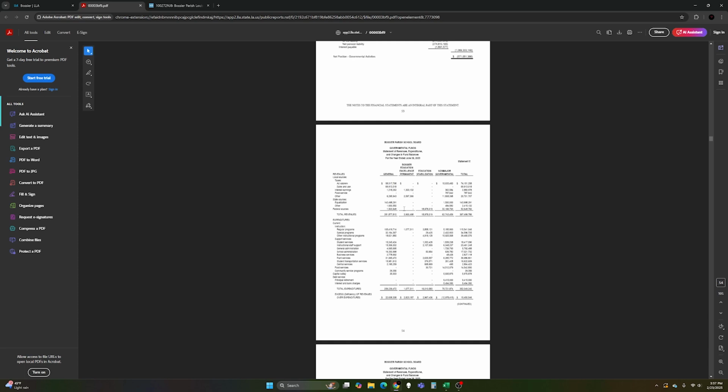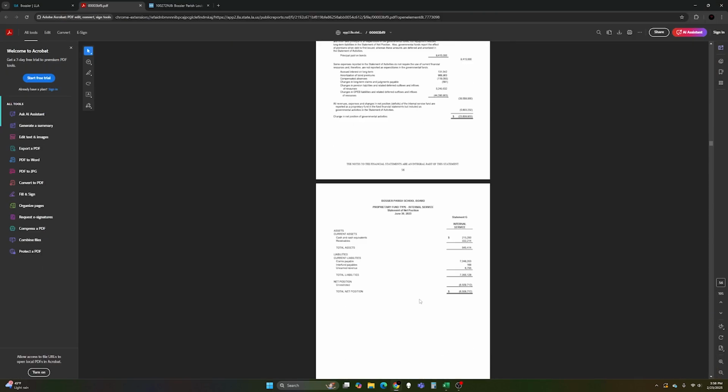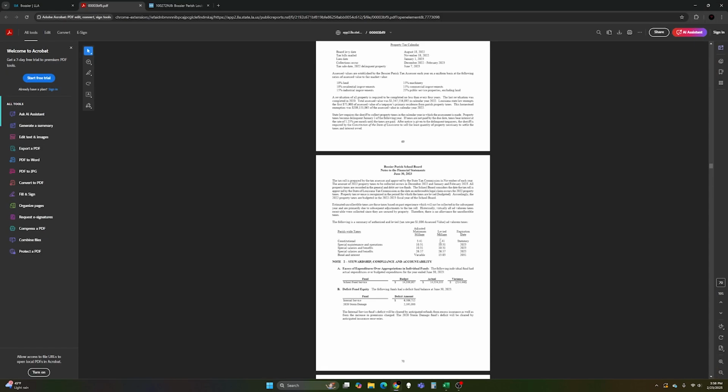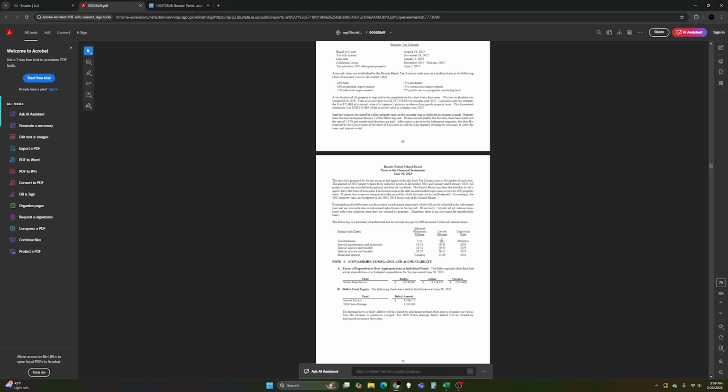This ad valorem total is 74,151. That includes the general and the non-major governmental funds. That's where they deposit all the money for the ad valorem taxes. And then page 70. These are the levied millages. They don't exactly line up at 3.41, 10.